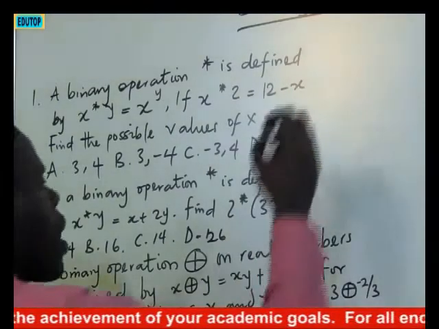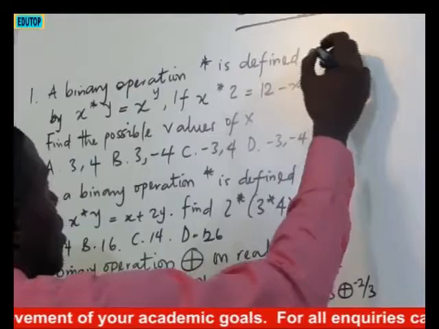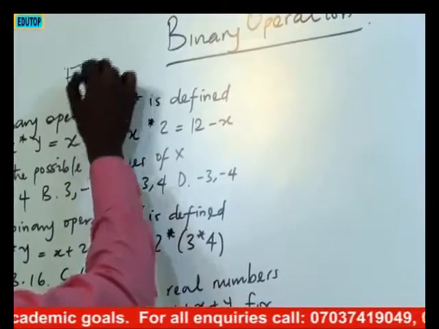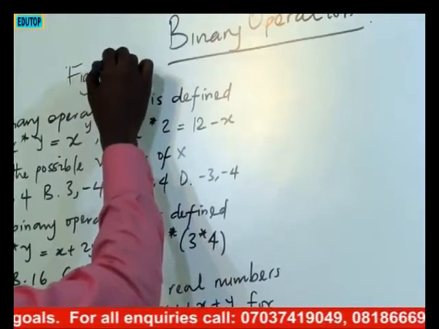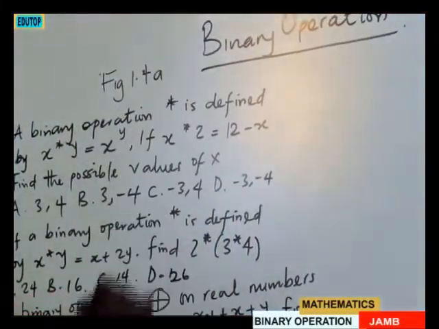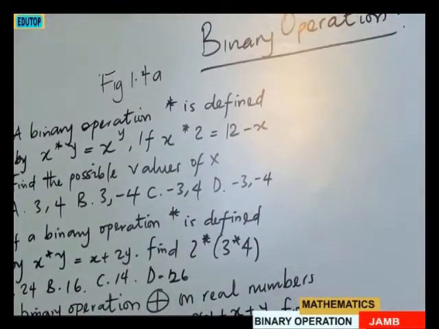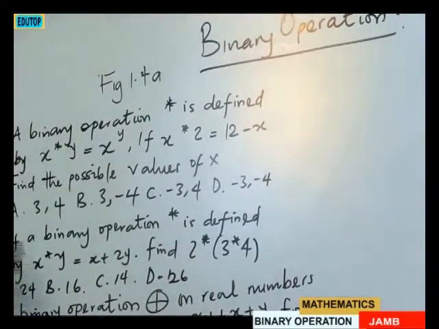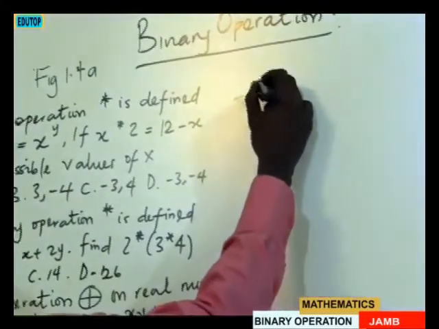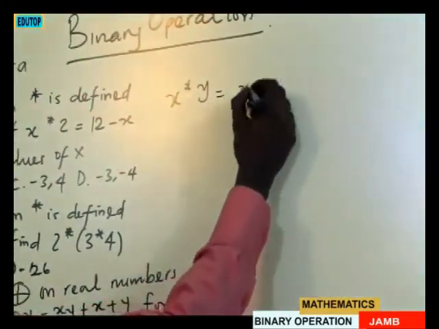So in this situation, we can see that from question 1, which can be denoted as figure 1.4a in this respect, look at the operation x star y equals x raised to power y.